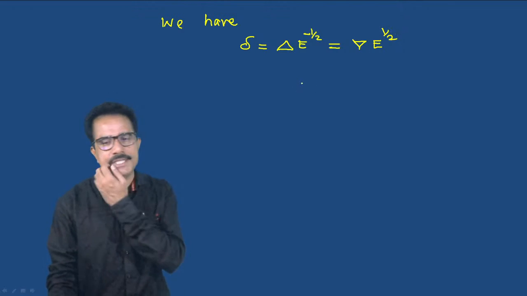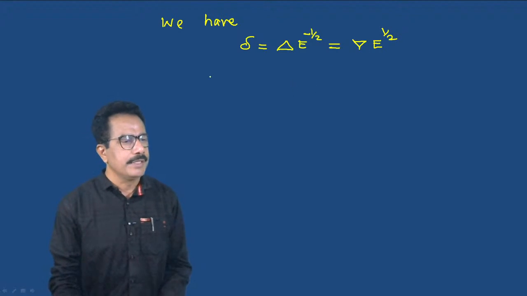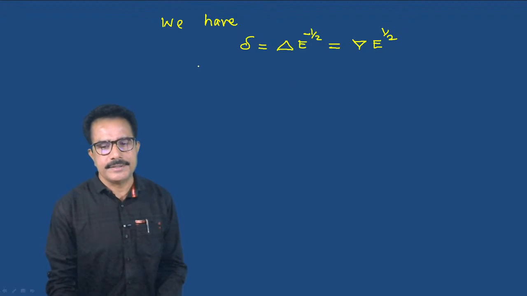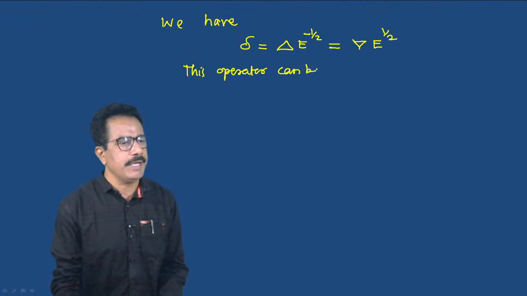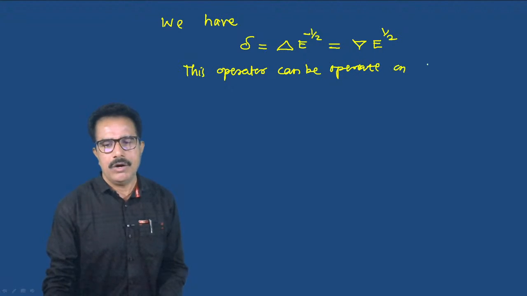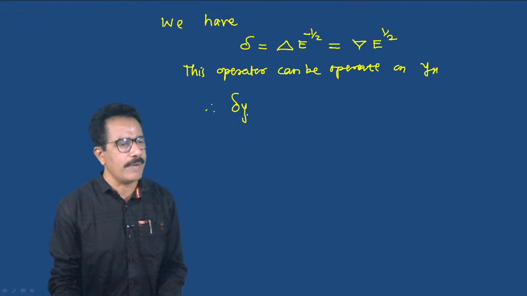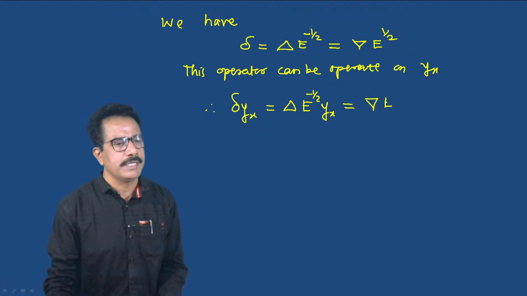So we can write this operator in terms of y. So we can write this operator operating on y suffix x. So we can write delta y suffix x is equal to delta e raised to minus 1 by 2 y suffix x, which is equal to del e raised to 1 by 2 y suffix x.